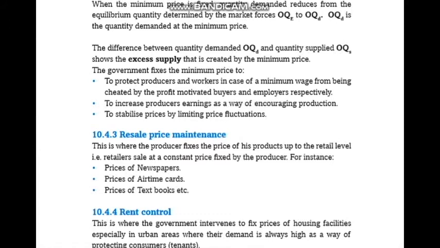The government fixes the minimum price to protect producers and workers, in the case of minimum wage, from being cheated by the profit-motivated buyers and employers respectively, to increase producers' earnings as a way of encouraging production, to stabilize prices by limiting price fluctuation.